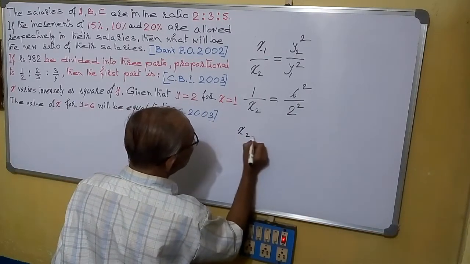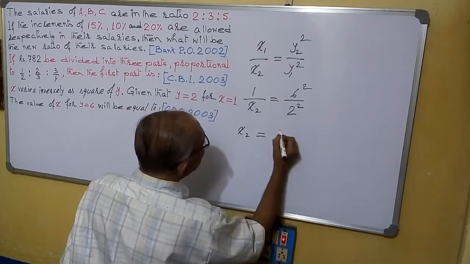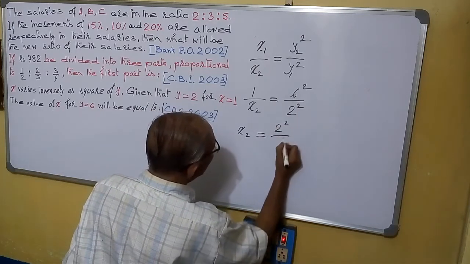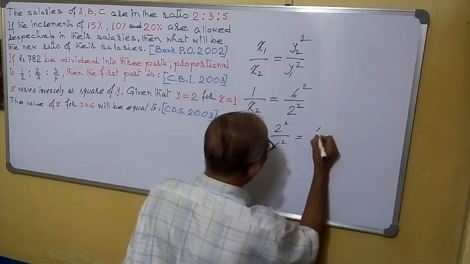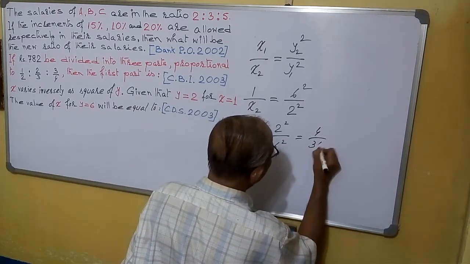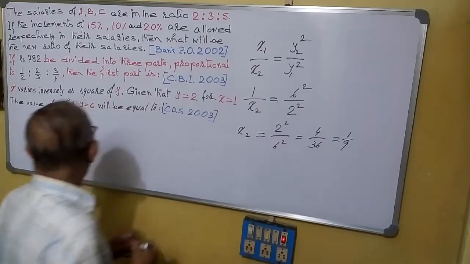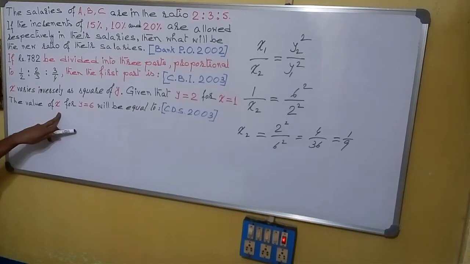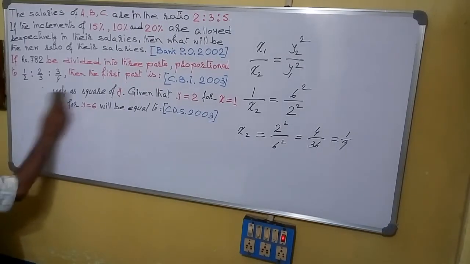So x2 equals 2 square by 6 square, which is 4 by 36 equals 1 by 9. So that will be the value of x for which this sum is correct.